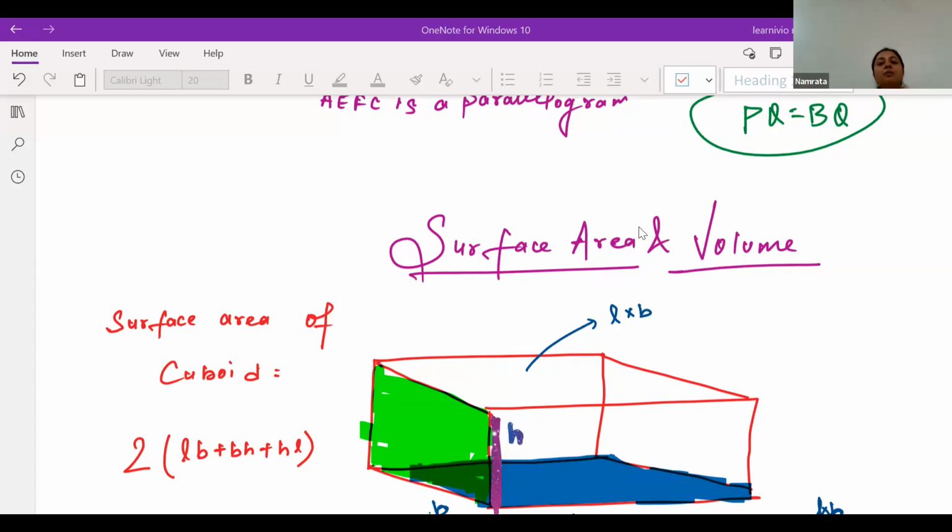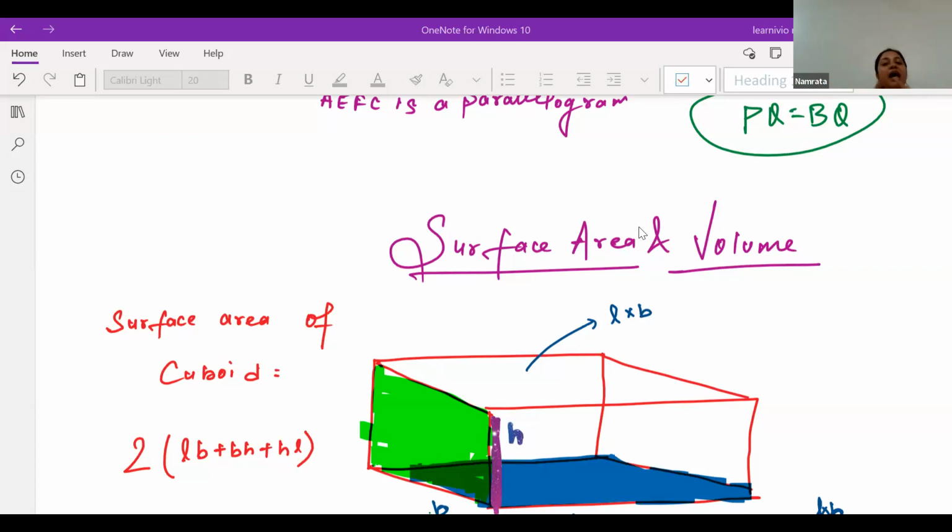So once we are talking about a cuboid, you can see here the height of the cuboid is also there. It doesn't have only two measurements. Here we have three measurements. That's why the name is three dimensions. Dimension means measurement. So three dimensions we have: length, breadth and height. All three can be the same, can be different, doesn't matter. But three measurements will be there.